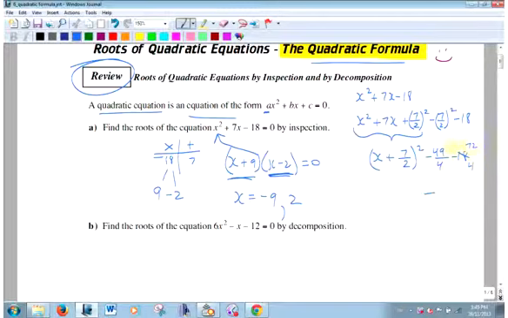Now I can add it. What's 72 and 49? That's 50 and 71, 121. Okay, still have this. All right. This is not nice, but hey, we did it.